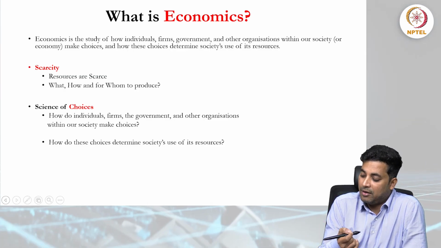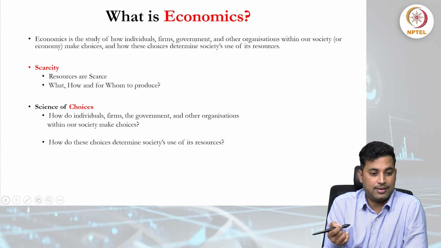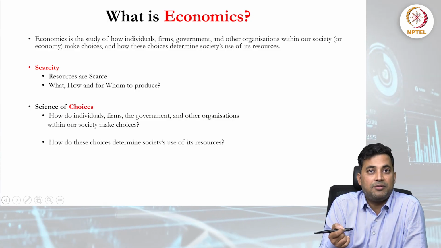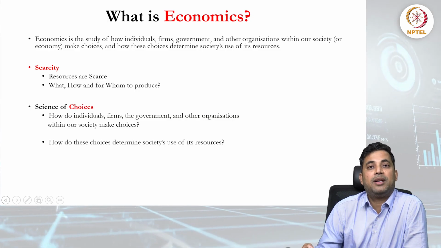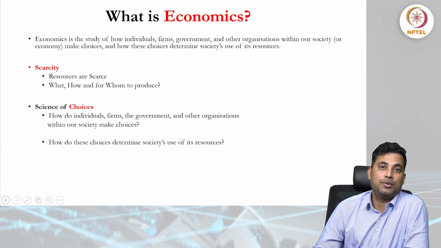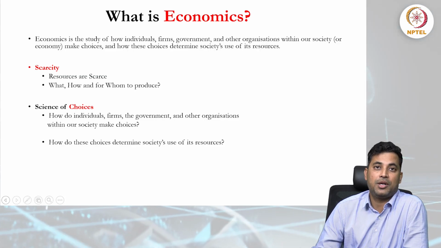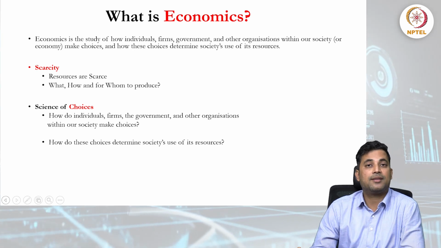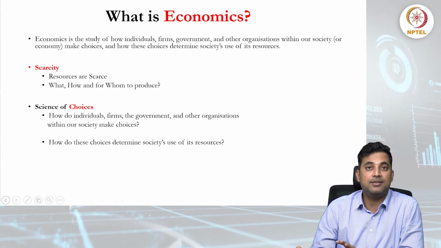Similarly, even for the choices, it becomes very difficult because you have to make a very scientific choice to choose one commodity over another, and therefore economics is called the science of choices.